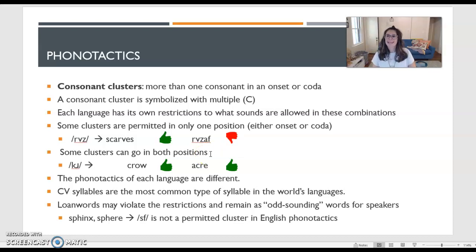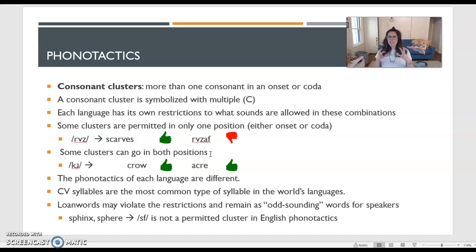Or sk, that SK combination. You can have sky or ski or skate, where you have sk at the beginning of the syllable. Or you can have ask or risk, where that SK combination is at the end of the syllable, okay?